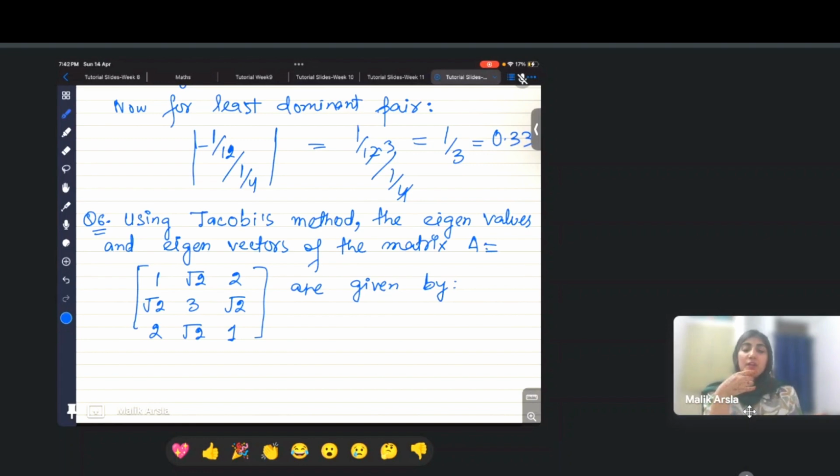We use it for finding eigenvalues and eigenvectors. For eigenvalues, initially we take the given matrix as D naught, then find D1 by using the rotational matrix R1 transpose A R1. How to form a rotational matrix is also given.